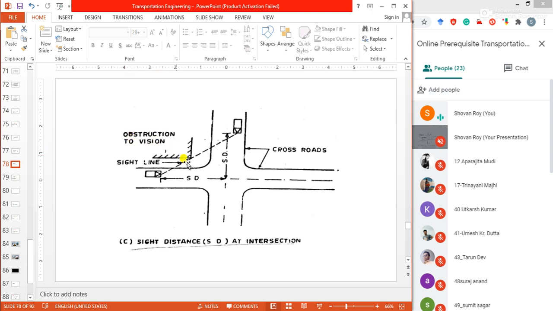The obstruction should be taken care of in a proper manner so that accidents can be prevented, or we should not provide any kind of obstruction where the drivers cannot see each other. So it is very important as an engineer that we mention such a type of sight line, such a type of sight distance. Now details will come.